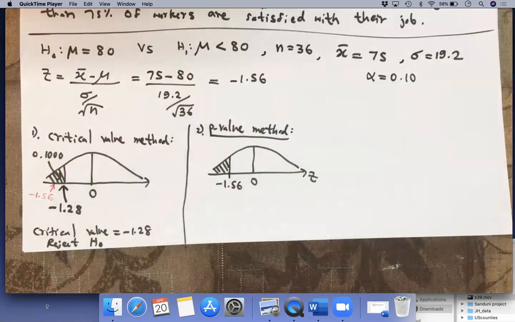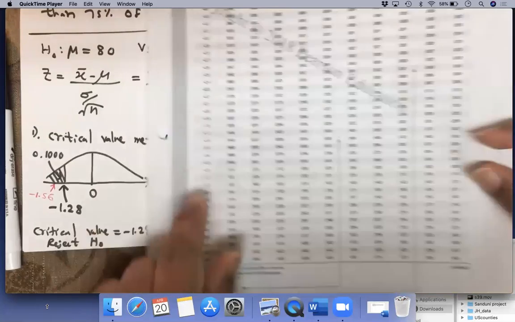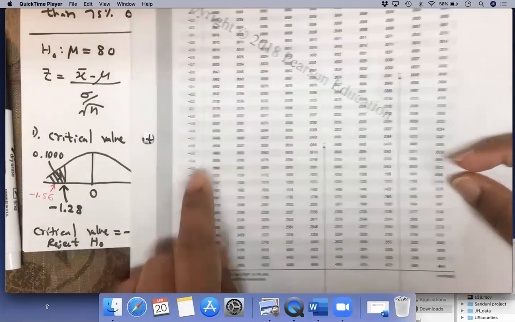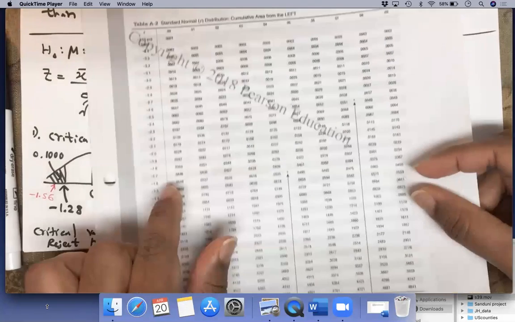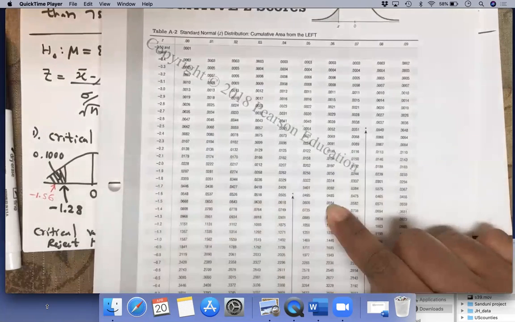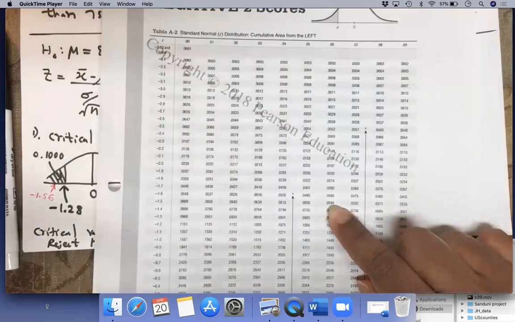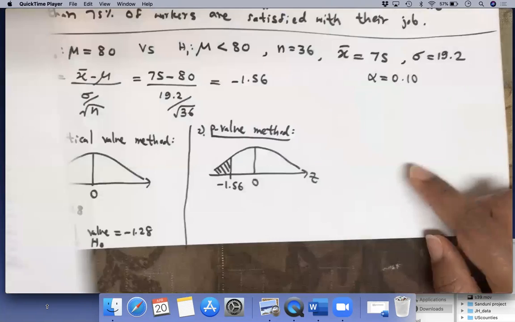So you have to find this colored area. It's easy because the table always gives the left-sided area. So according to negative 1.56, what is the area? 0.0594.